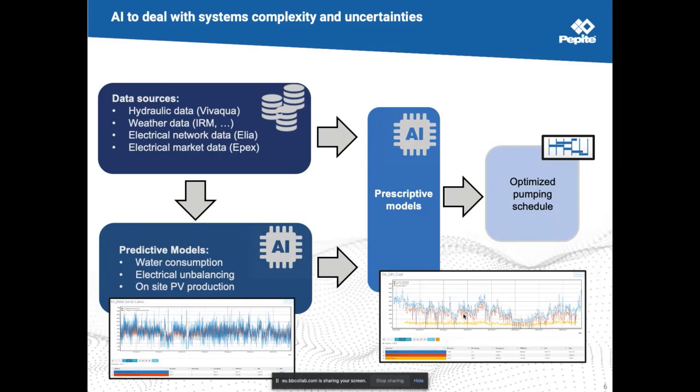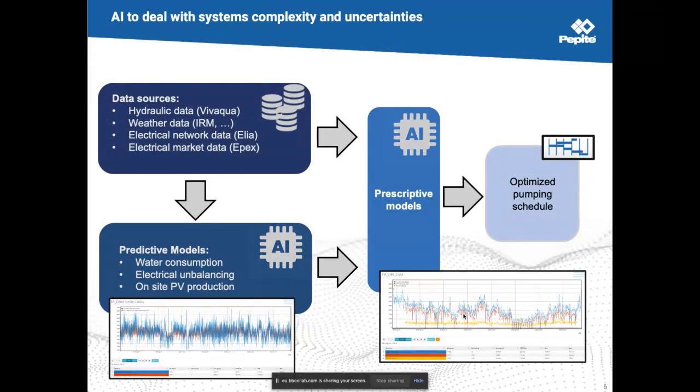And of course, these predictive models are also very useful because, as I mentioned, if you install a solar panel on the system, it's very important to predict the production of this solar panel at least one day ahead. And this is really what we have been doing at the very beginning of the project: collecting the data and starting to build a predictive model.